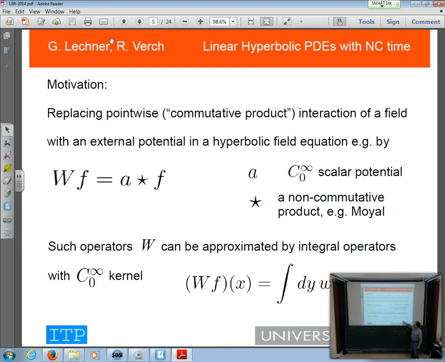Well, such operators can be approximated by integral operators which have a C0 infinity kernel. So what we will look at is such potential terms where the interaction operator is given by a C0 infinity kernel. That's the easiest situation.